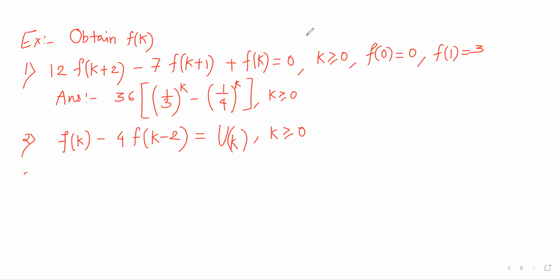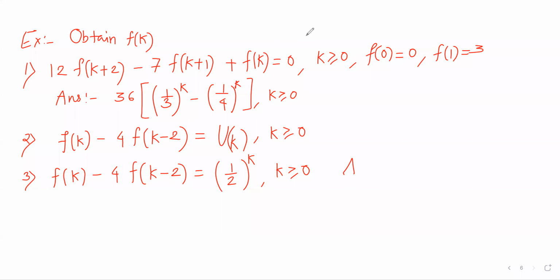The another question you can take it the same way. F of k minus 4 times f of k minus 2 is equal to half raised to k. And here we have the answer for this.